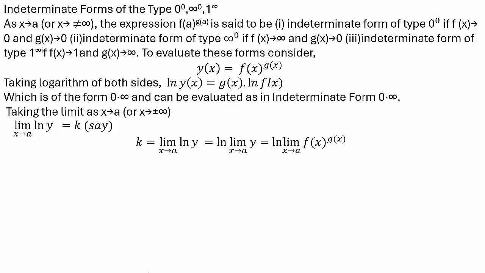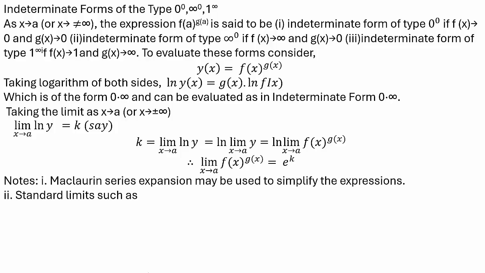Therefore, k equal to limit x tends to a of log of y. Interchanging log and limit, log of limit x tends to a of y equal to log of limit x tends to a of f(x) raised to g(x), and hence limit x tends to a of f(x) raised to g(x) equal to e raised to k.